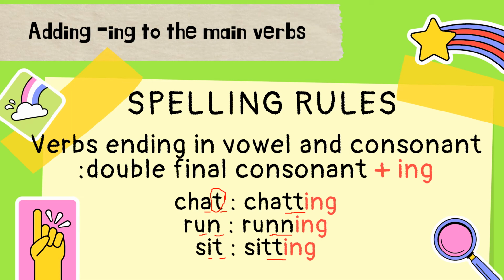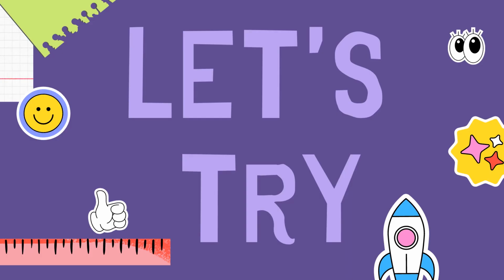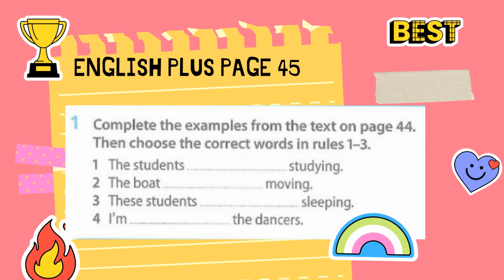Okay? So, let's try whether you understand the concept of present continuous or not. Now you can refer to your English Plus page 45. Look at the first exercise. Complete the examples from the text on page 44. Then choose the correct words in rule number 1 until 3.